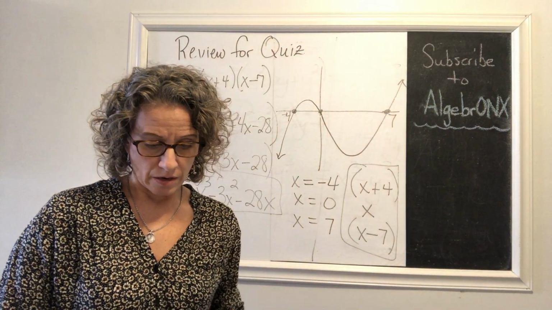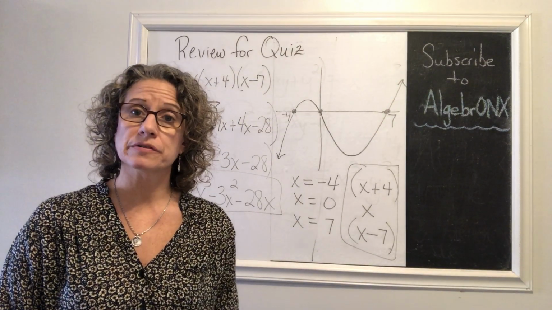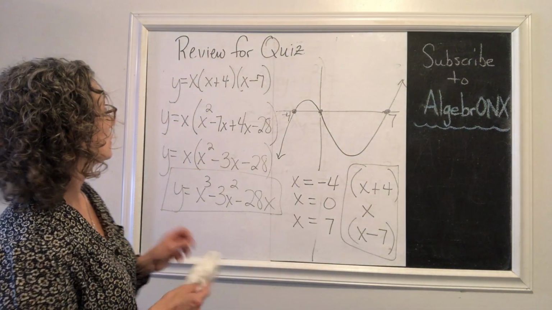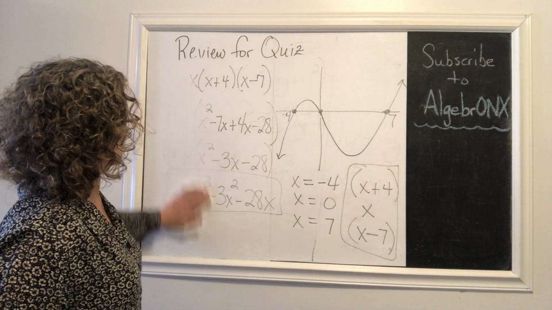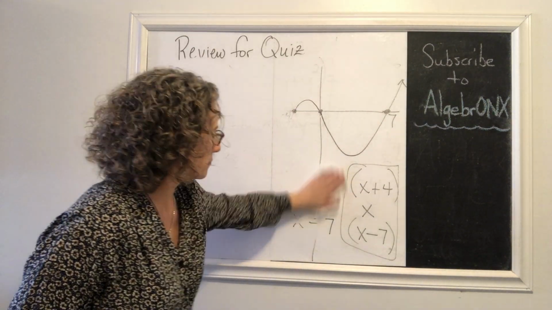Now we're going to create one where we're given a point, and we're going to determine the polynomial function that is very particular to that one exact graph.